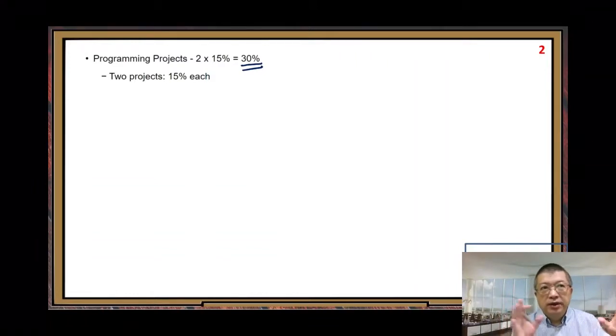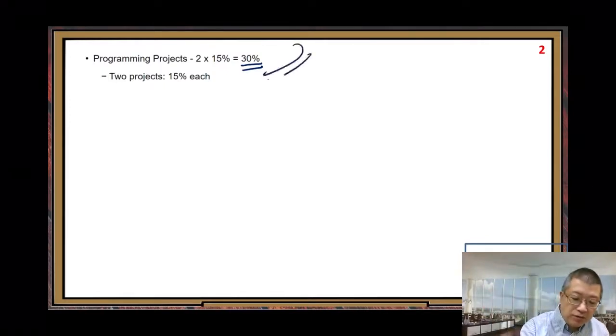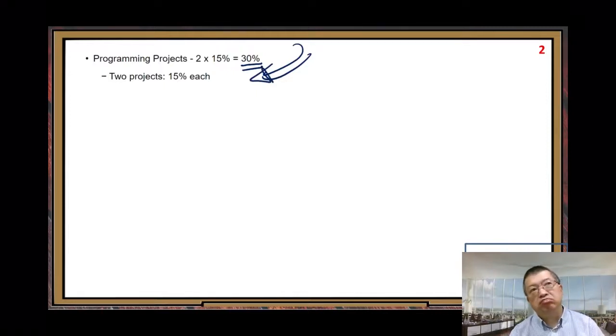Then, hands-on experience. Remember, in our classroom meetings, we will have hands-on experience. The practice experience you get from our classroom meetings, you can use here in our programming projects.